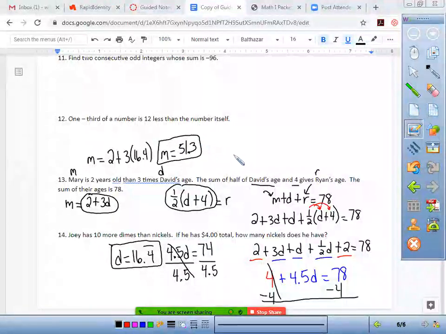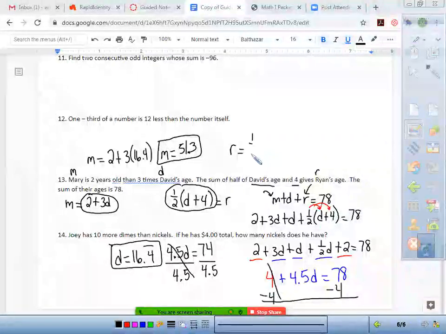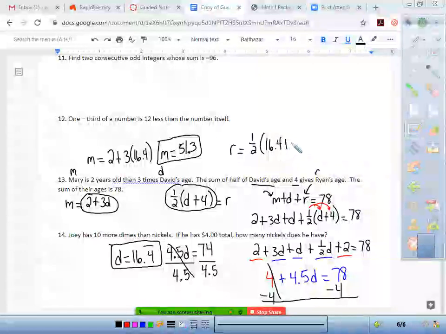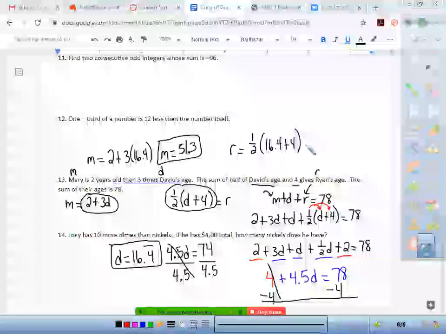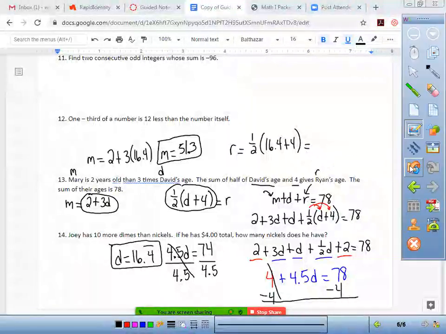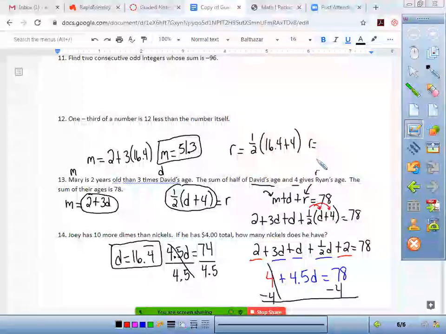Okay, and then we got Ryan's age is going to be 1/2 of 16.4 plus 4. Who's got this one for me?